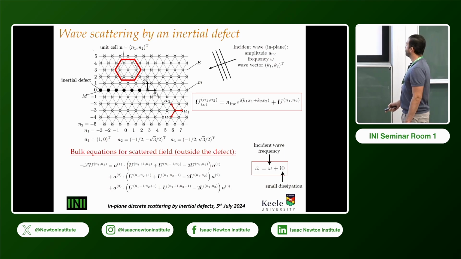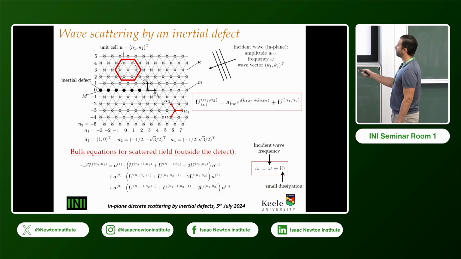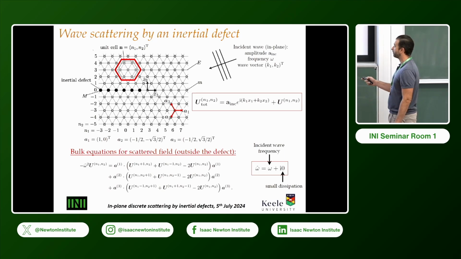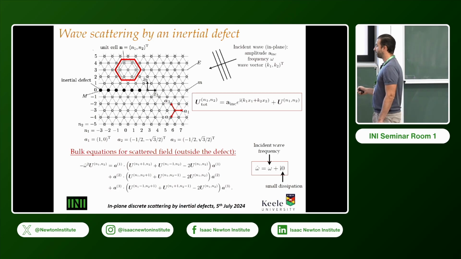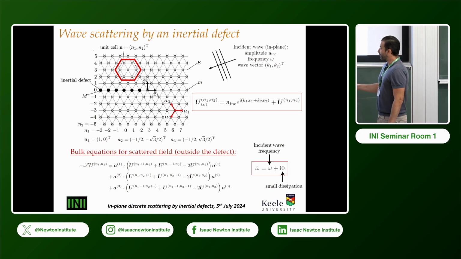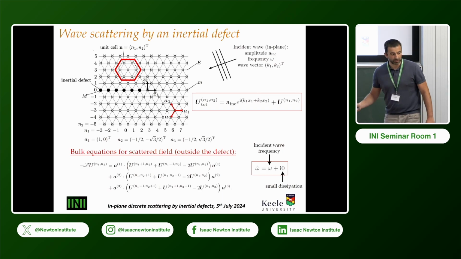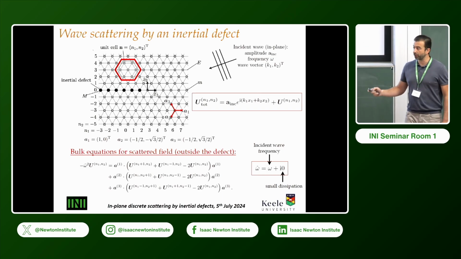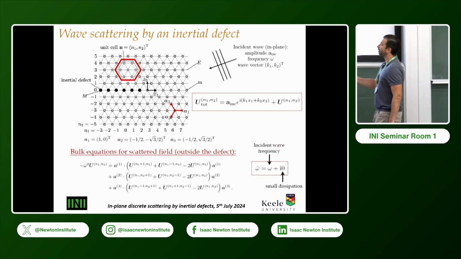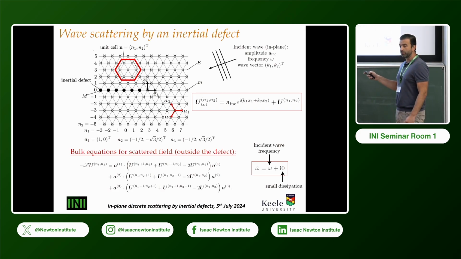Okay, now, so for this node in the center of this hexagon, which is contained in the bulk, you can write down the equations in this form. You have an inertia term, and then your elastic restoring force terms. I've employed a normalization with respect to the ambient lattice parameters, so that we're going to put the emphasis on what the defect will do in our problem.